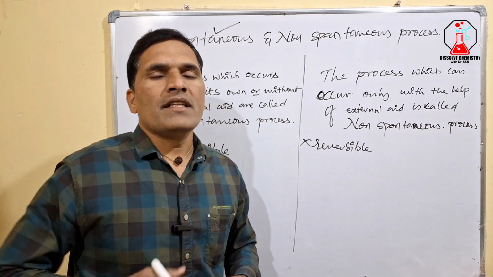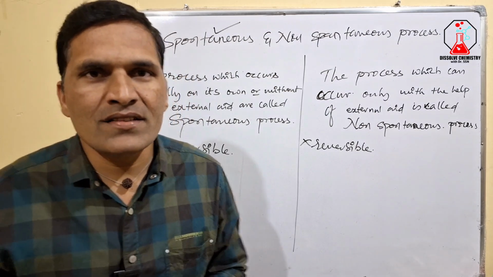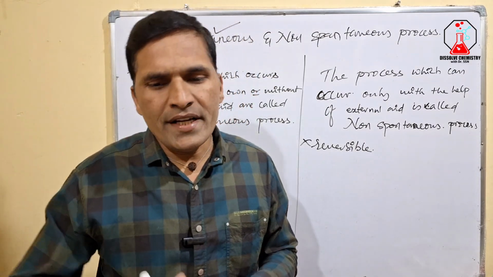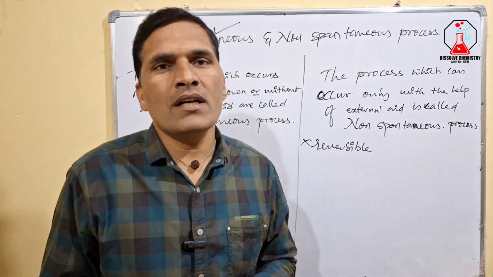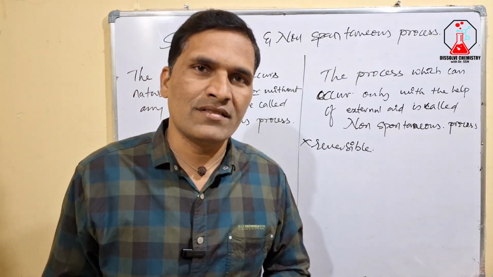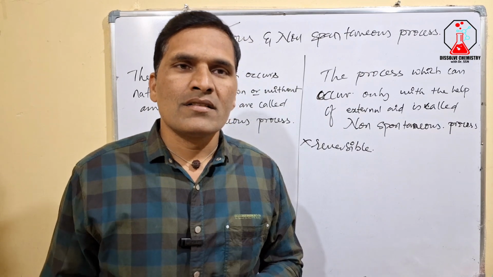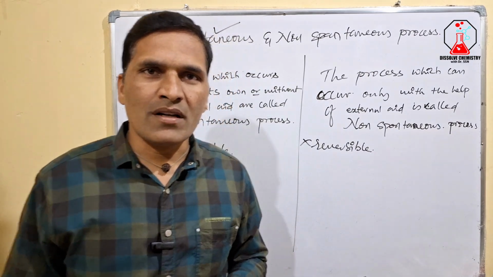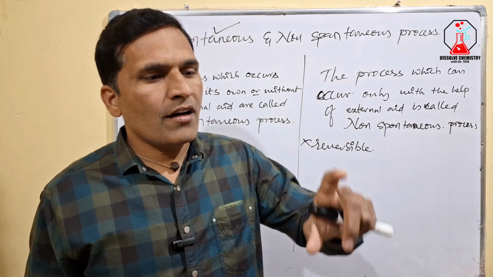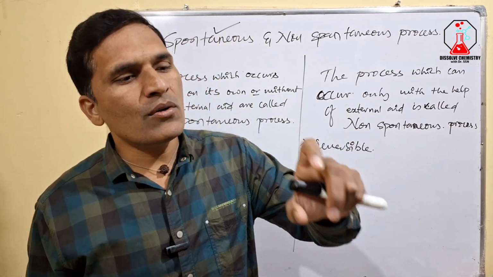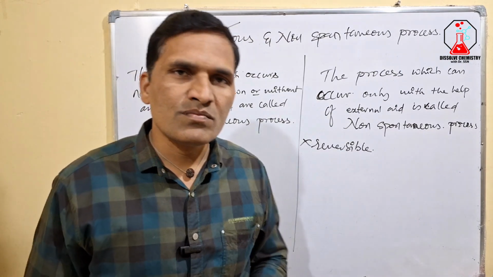Okay, so the next question arises: why do these spontaneous processes occur in a particular direction? Say for example, you take a hot cup of tea. Why does it lose energy to the room?